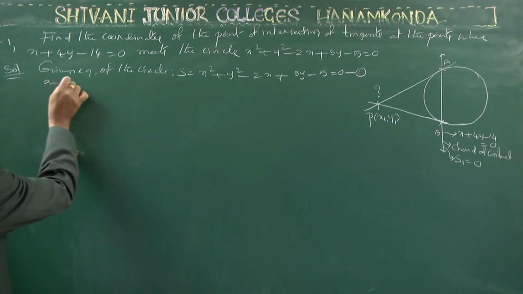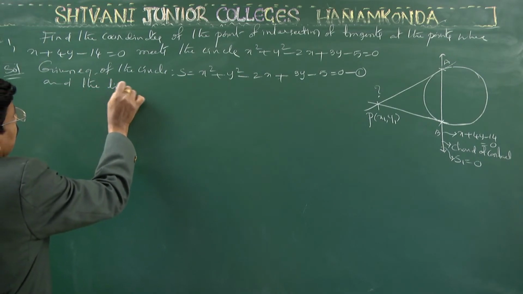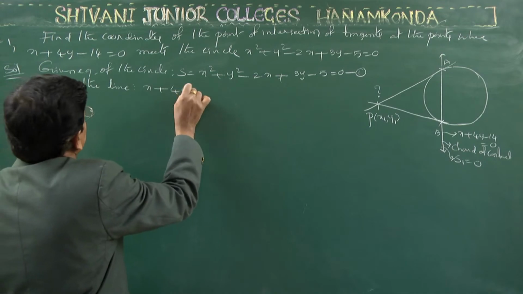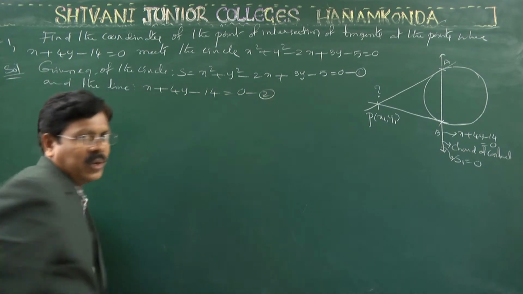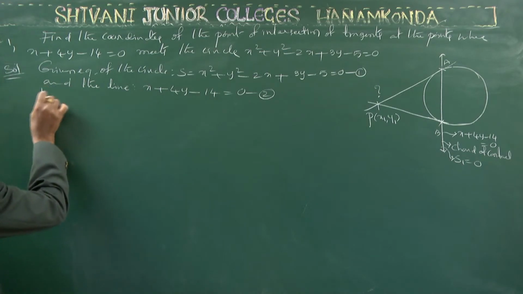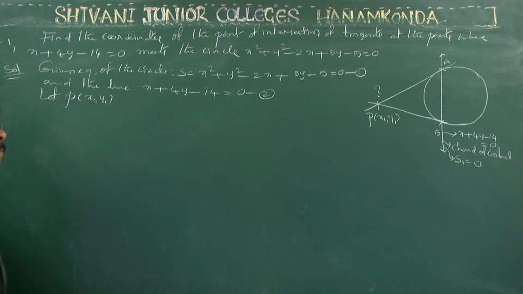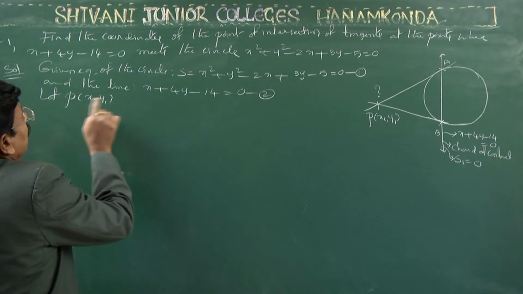And one more is given, the line x plus 4y minus 14 is equal to 0, equation 2. Let us consider P is nothing but the point of intersection of the tangents.